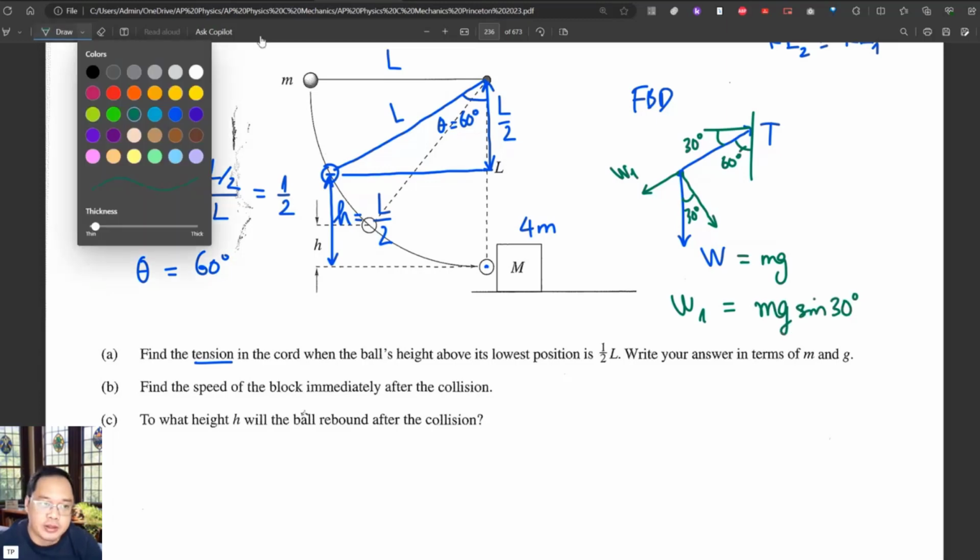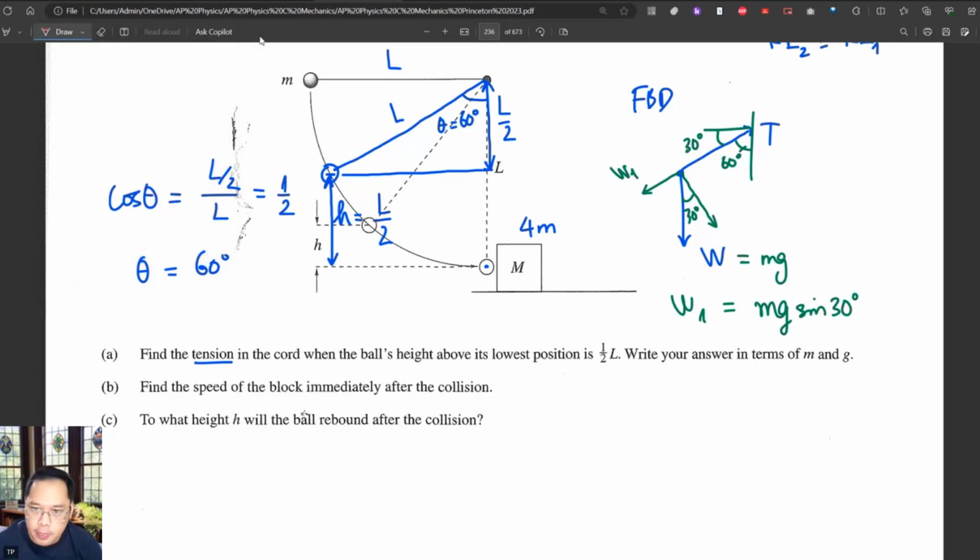And we will have the following equation. The tension minus W1 will be equal to the centripetal force, Fc in the red color here. That force is pointing toward the center, the hang point of this object.